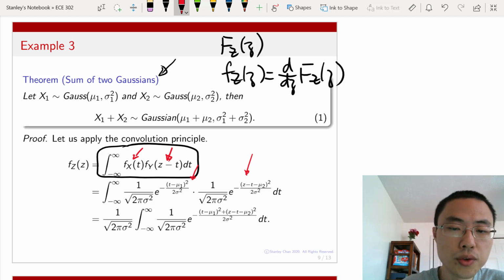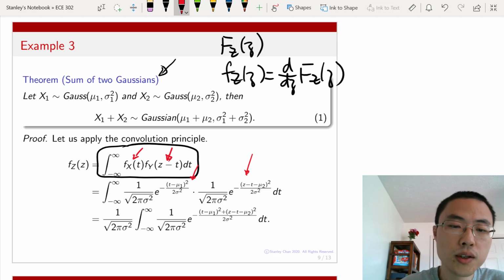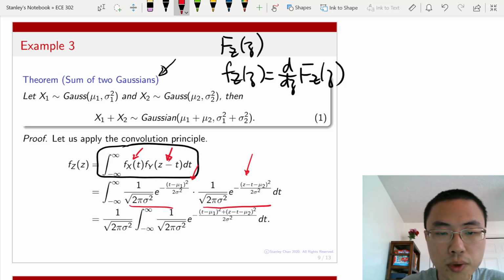So the rest is not very interesting, but it's good to know how we actually do the calculation. So let's look at this. You have these two Gaussians, one Gaussian taken in this form, the other Gaussian taken in that form. The first Gaussian is in t, so you have t minus mu1, where mu1 is your first Gaussian's mean, divided by sigma.